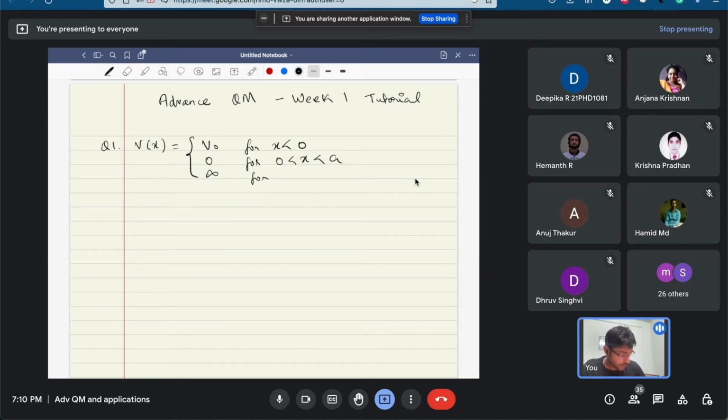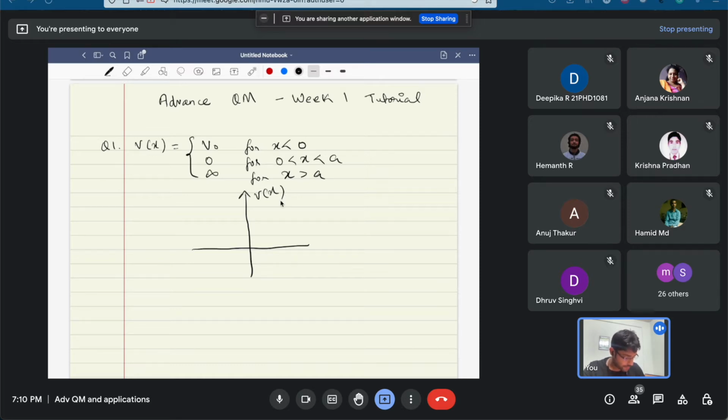Right, so getting back to it, and V0 for x greater than a. Now this potential looks like you have an infinite potential, so let's just draw the axis first. This is V of x.